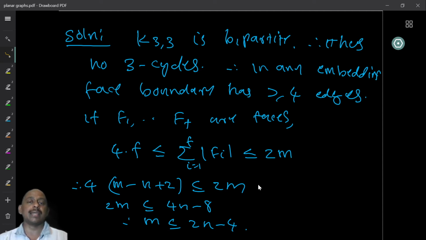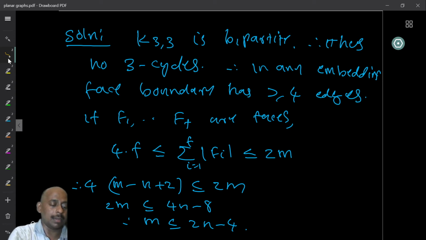So can we use this idea now to improve upon the bound on the number of edges itself? Let us take a bipartite planar graph. We know that if it has f faces, then every face boundary has at least 4 edges, and therefore 4f is less than or equal to 2m, by the same idea.